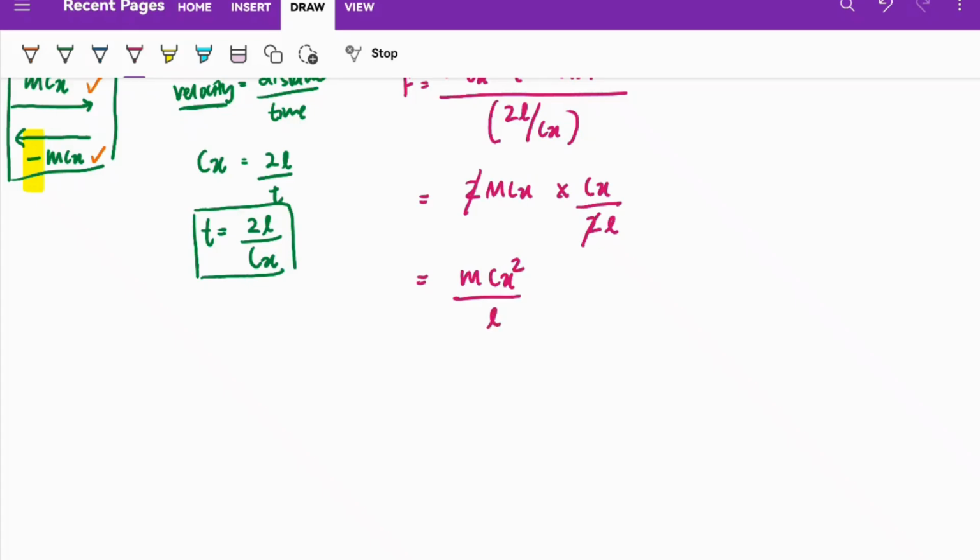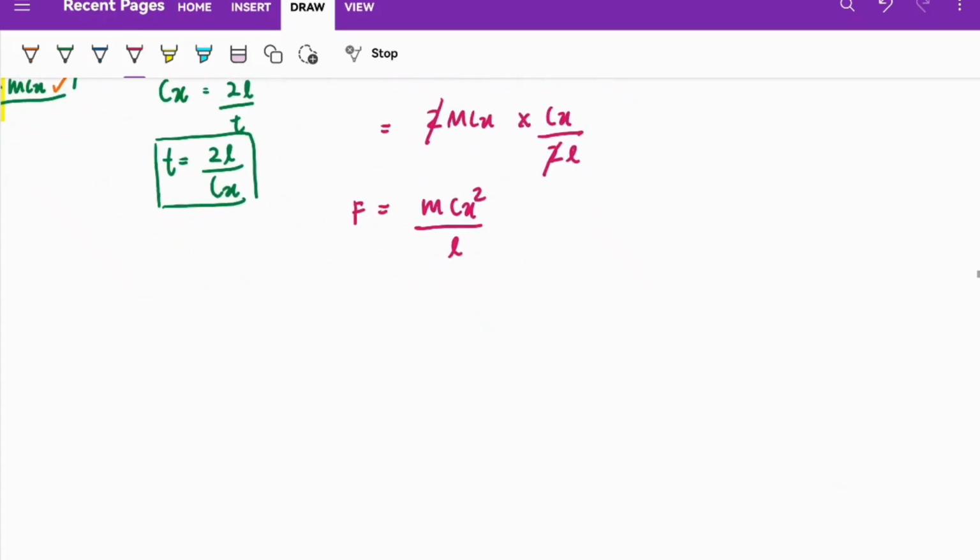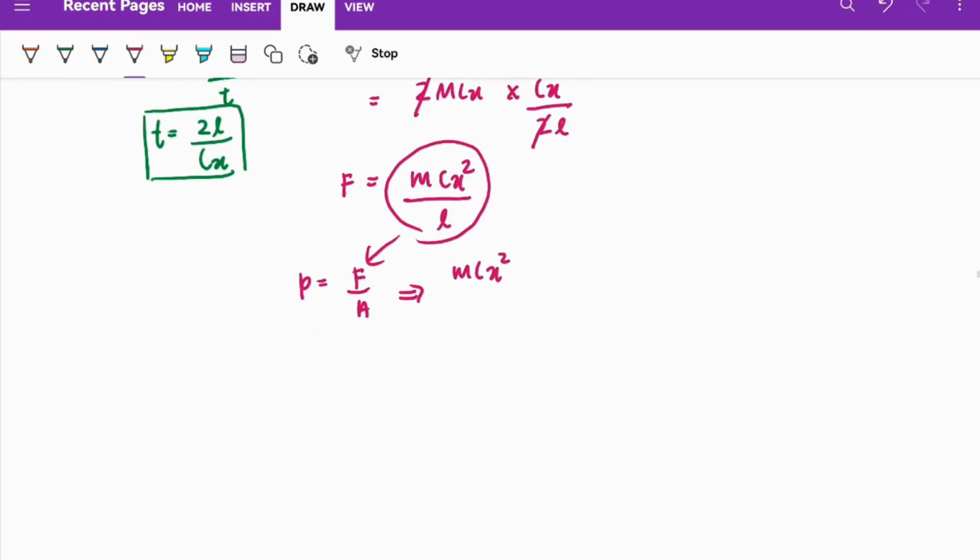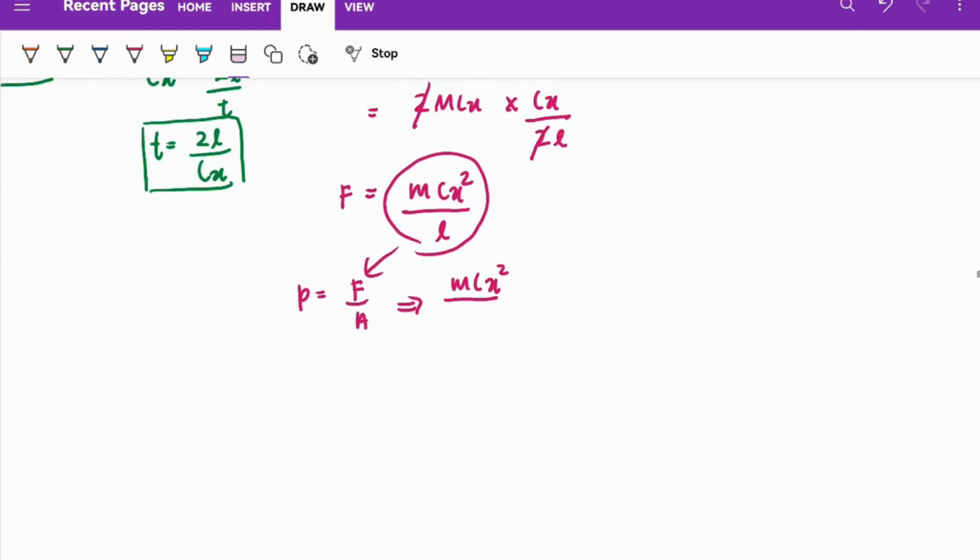Now we know pressure equals force over area. So we can further substitute this: the force over L times A. Okay, I think I better write it as AL. We have an L here, and you have an A from here. What is AL?